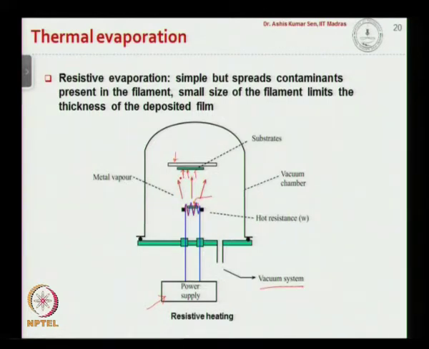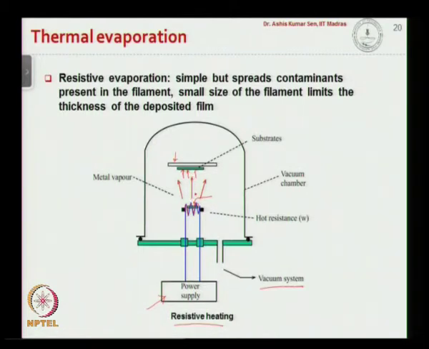The evaporation process using resistive heating is relatively simple compared to other techniques that we will see, but one downside is that it can spread the contaminants that are present in the filament, since the metal will evaporate and may interact with the filament itself, bringing in contaminants already present in the filament.